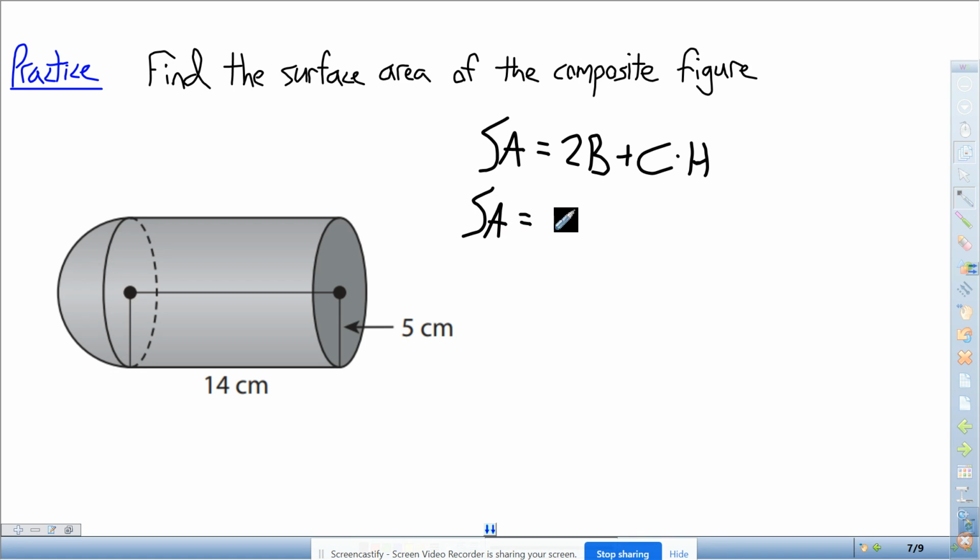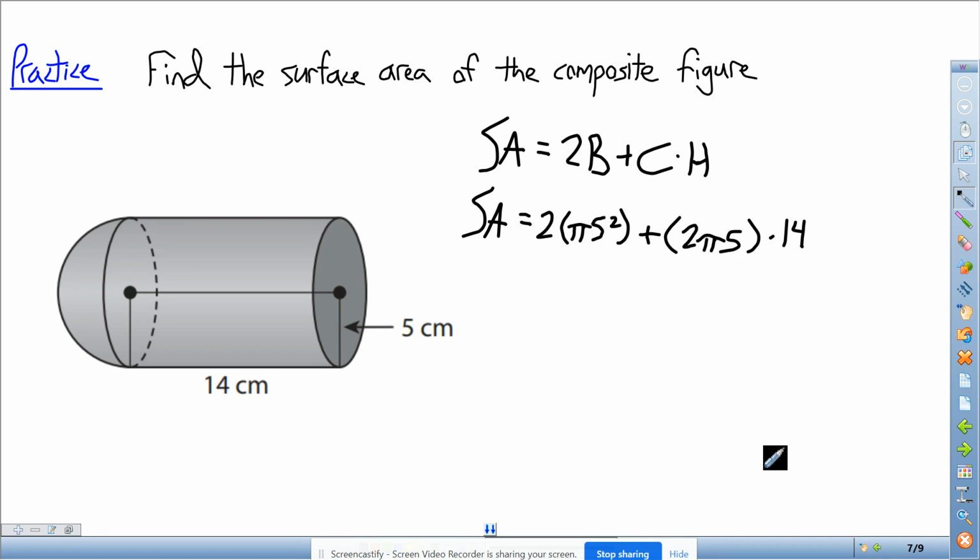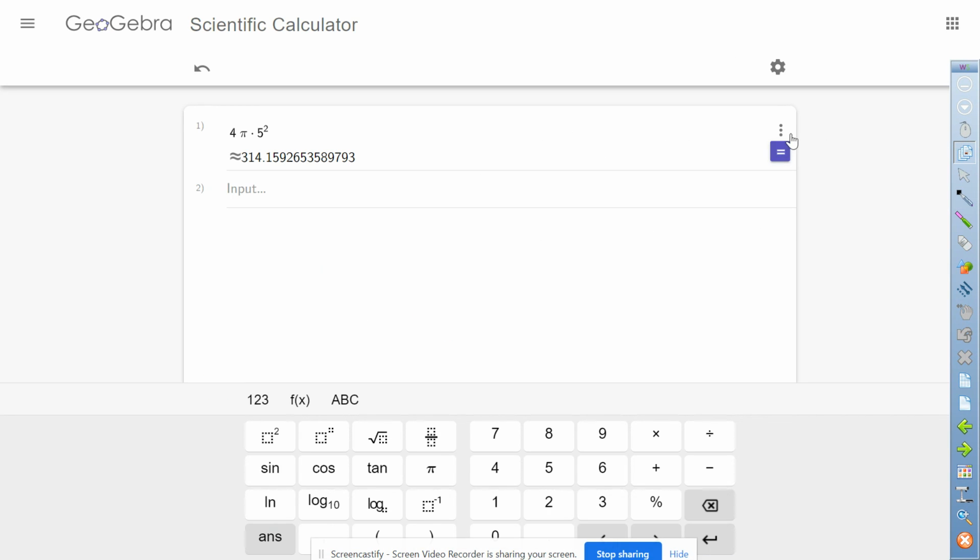So the surface area of a cylinder: the area of the base, since it's a circular base, is pi r squared. The radius is 5, so pi 5 squared, plus the circumference, which is 2 pi r, 2 pi 5, times the height, going from one base to the other, 14. Maybe I'll do this one in the calculator so we're all on the same page.